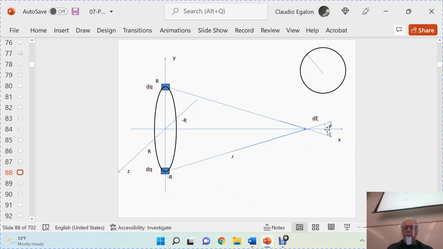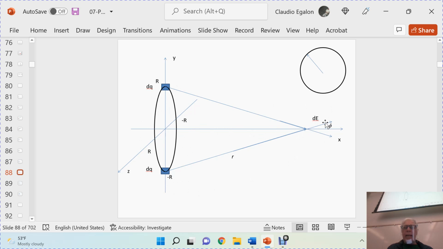that's going to have the same angle phi, because this length here and this length here are the same as this length here and this length here. The angle phi here is going to be the same as this one. If we integrate throughout the whole ring, what are we going to get?